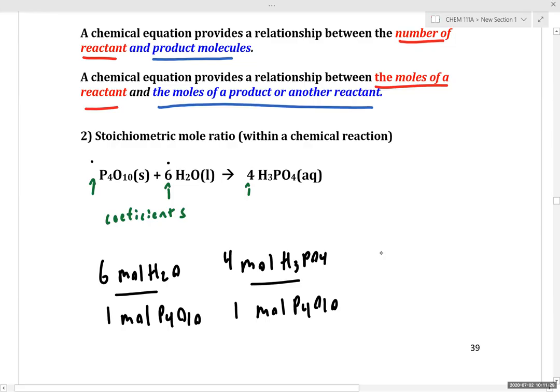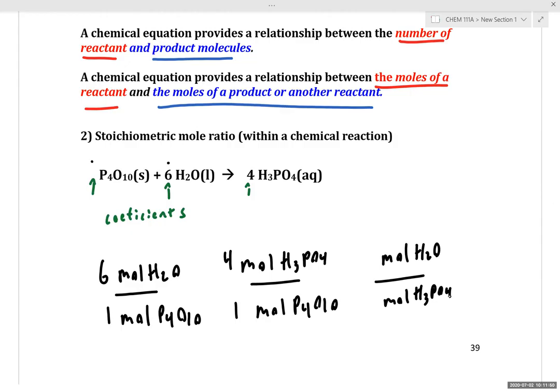Now let's do one more, and let's ask how many moles of water are required to generate a certain number of moles of phosphoric acid. What is our mole-to-mole ratio of water to phosphoric acid? 6 to 4. Yep, 6 to 4.